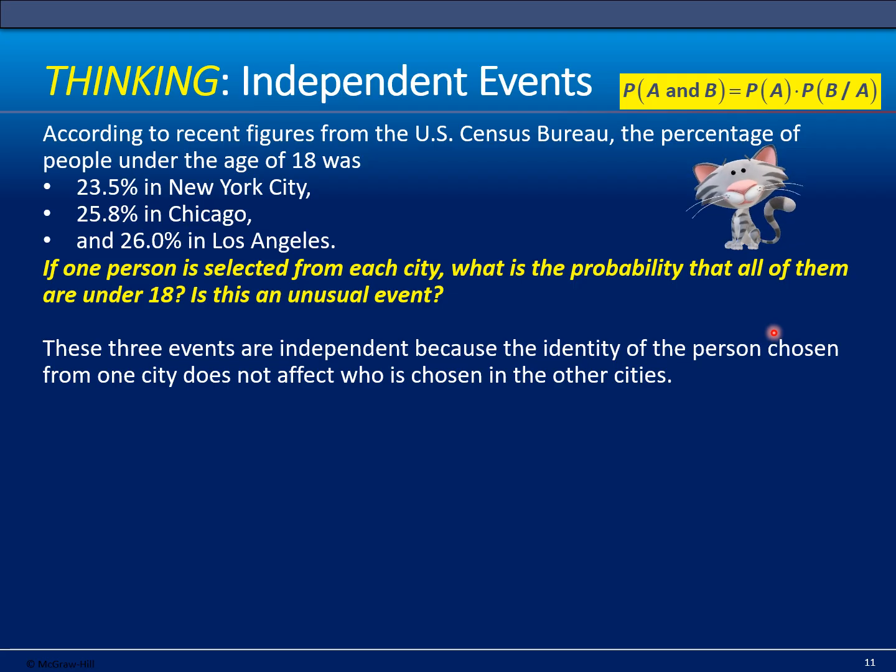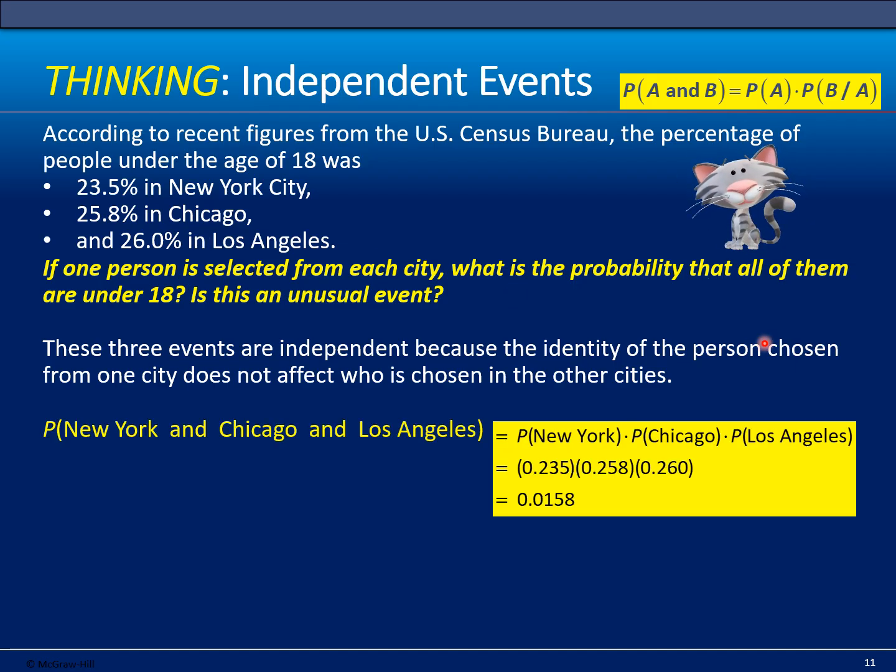So what we can do is just calculate the probability that they're under 18 in Chicago times the probability they're under 18 in New York City times the probability they're under 18 in LA. And so this is just a product of those three probabilities, which we were given in percentages. And so we see we have less than a 2% chance, 1.58% chance, that all three individuals selected would be under 18.